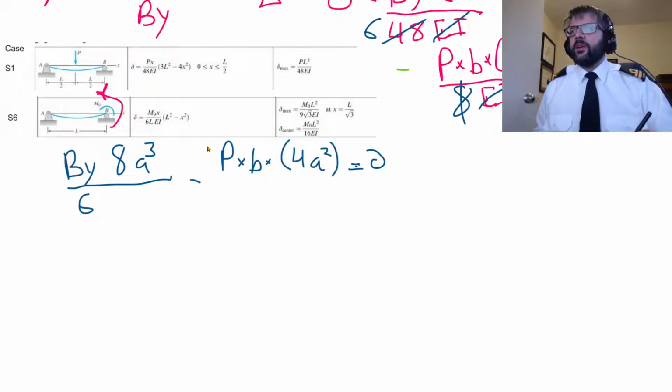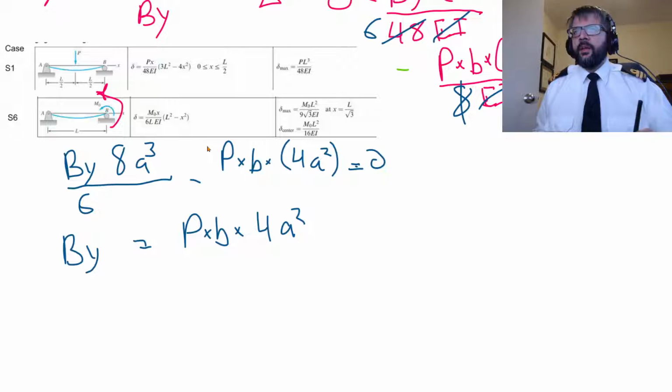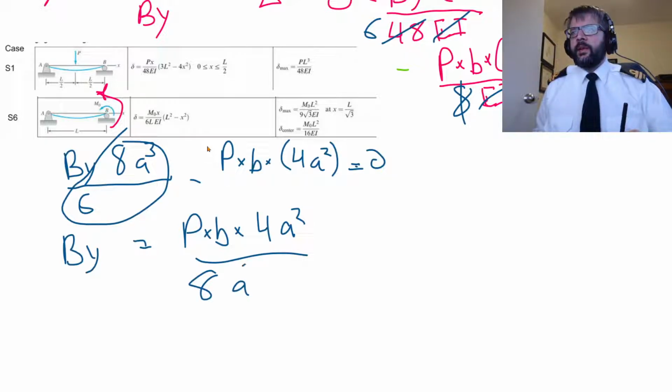All right, so moving that over to the other side, we got By. Let's just solve for what By is. So PB times 4a squared, then divide by 8a cubed times 6. So cancel out the 4 to get a 2.